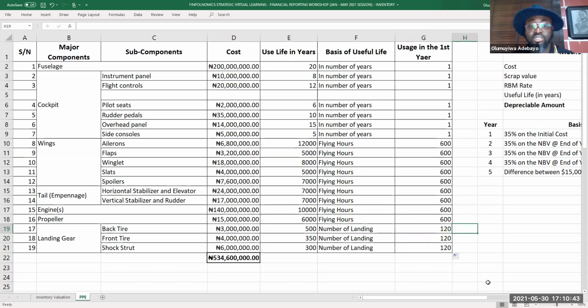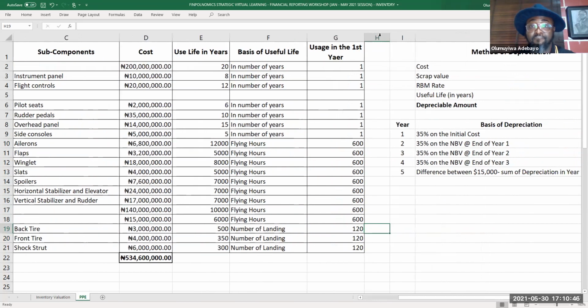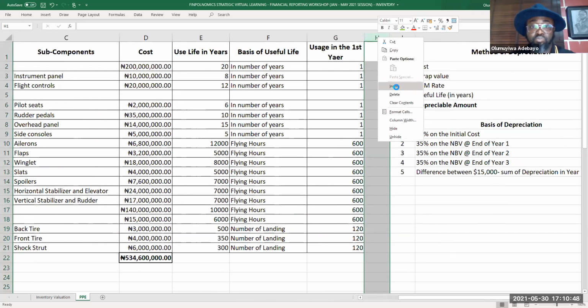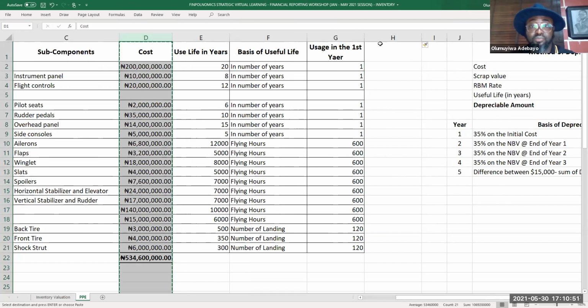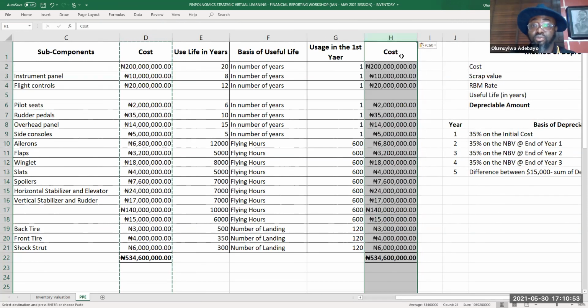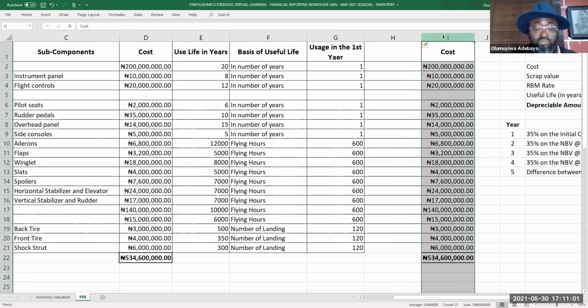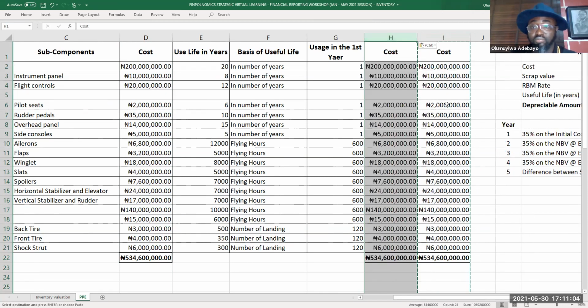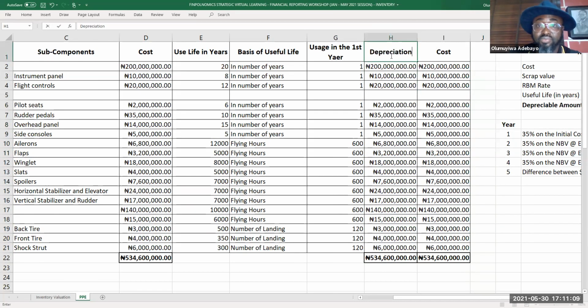Now the question then is, what is our depreciation charge? And what's our carrying amount per component? Okay.